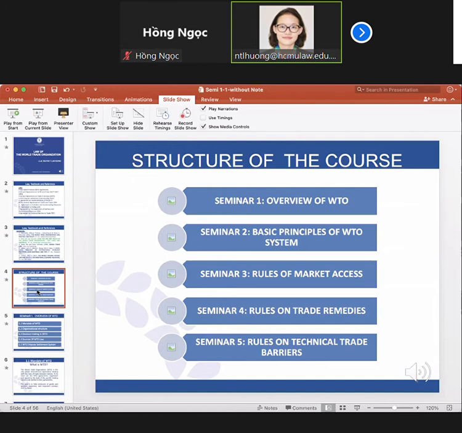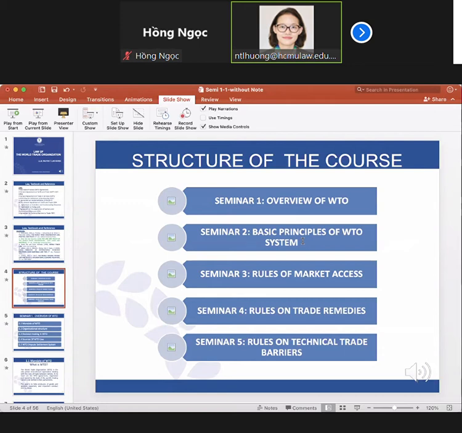Now here you can see that our course is going to be organized into 5 topics. In seminar 1, which we're going to have today, we will provide you the overview of the WTO. We'll talk in detail about the content of seminar 1 later, maybe after this part. And in seminar 2, we're going to go through the basic principles of the WTO system.